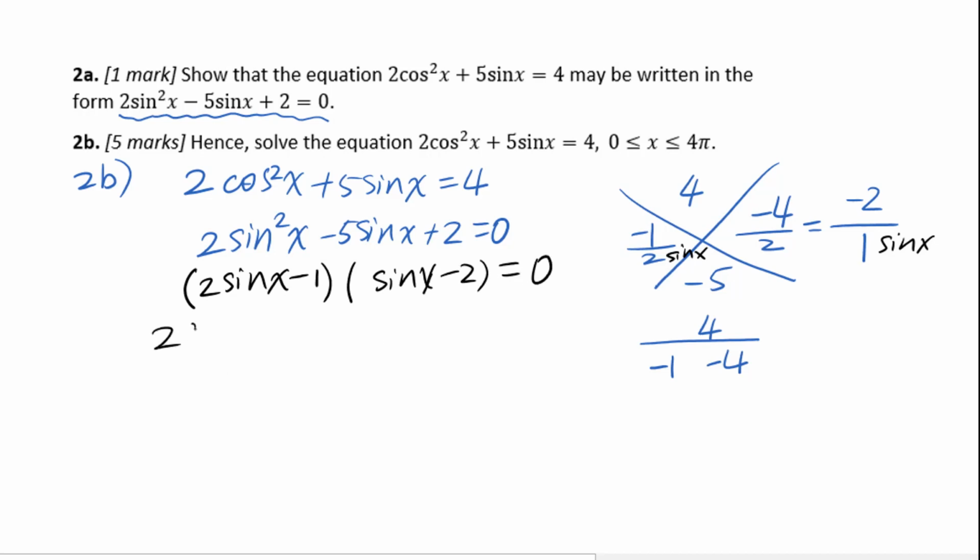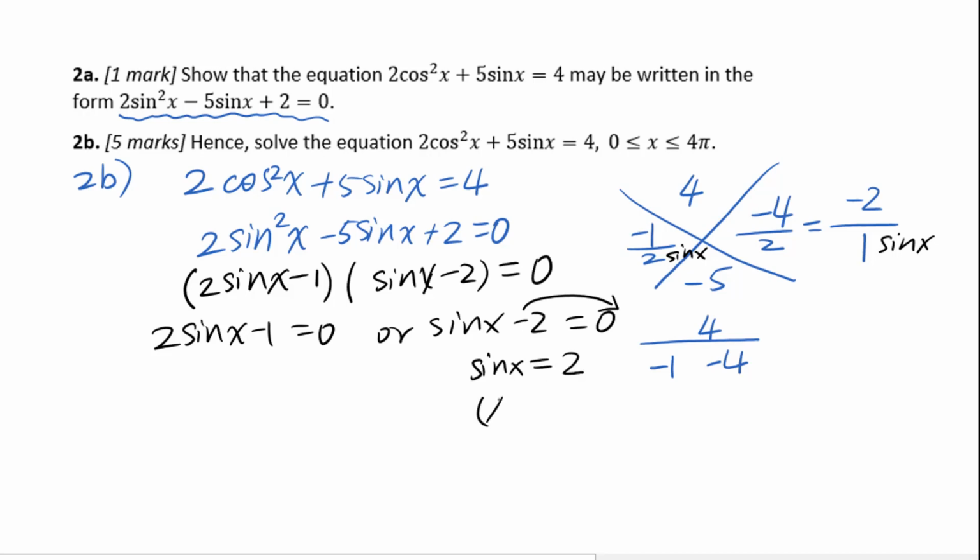So you get 2 sine x minus 1 equals 0, or sine x minus 2 equals 0. Negative 2 moves to the right side. You have sine x equals 2. No solution, because the range of sine x is the closed interval from negative 1 to 1.